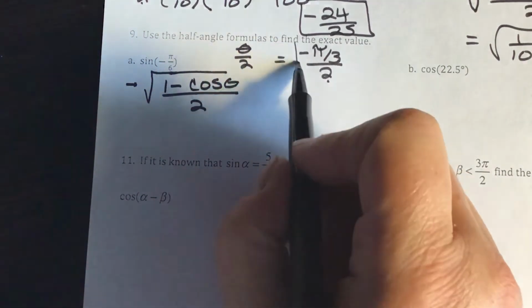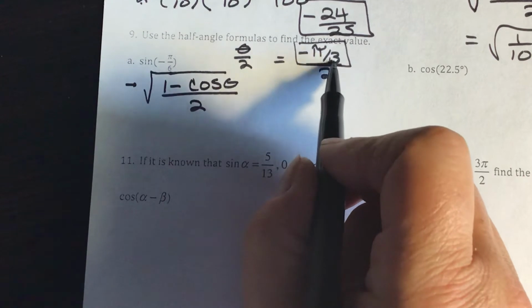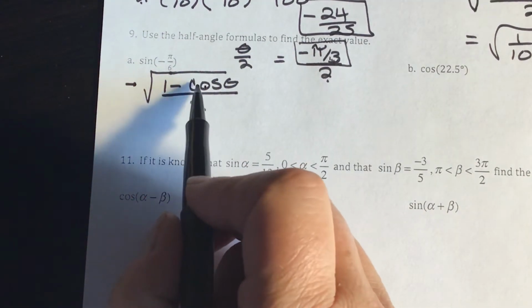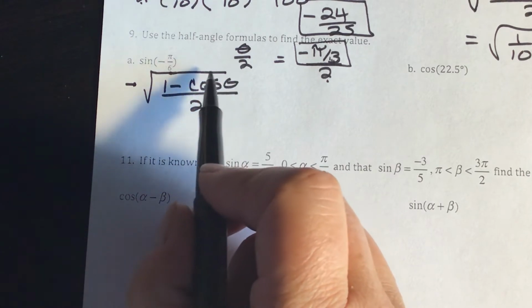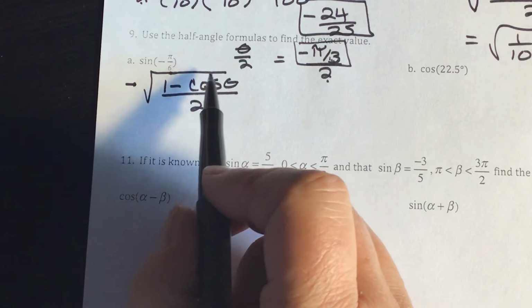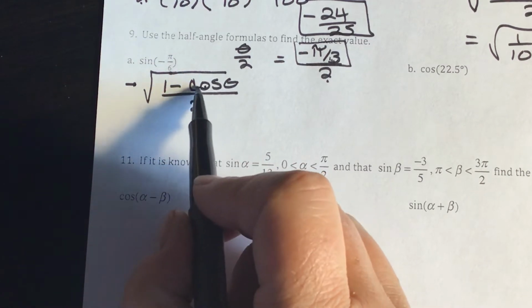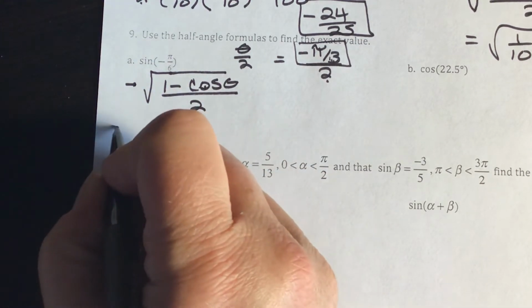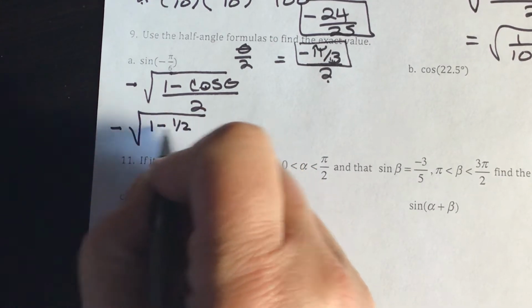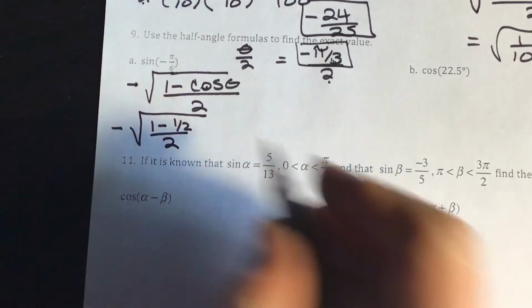All right, so the angle that we're looking at is negative pi over 3. And if I look at the cosine of that value, I get 1/2, sorry. So this is the negative value of 1 minus 1/2 over 2.